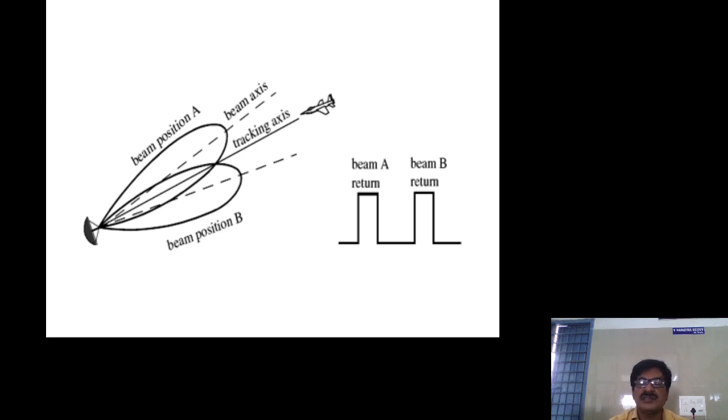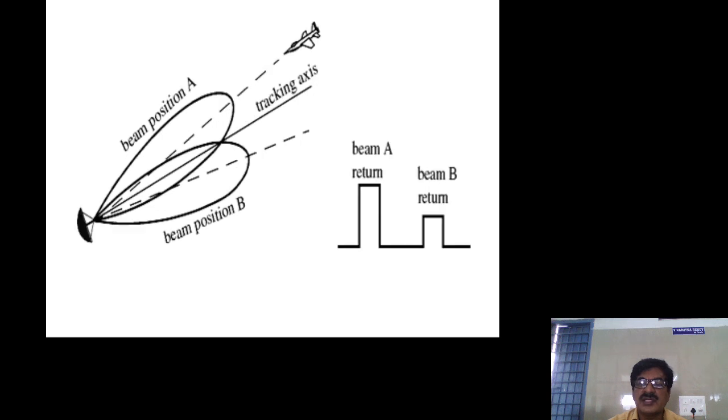Why? Because the target is on the tracking axis. Otherwise, if the target is not on the tracking axis, let us observe the magnitude of the echo signal.